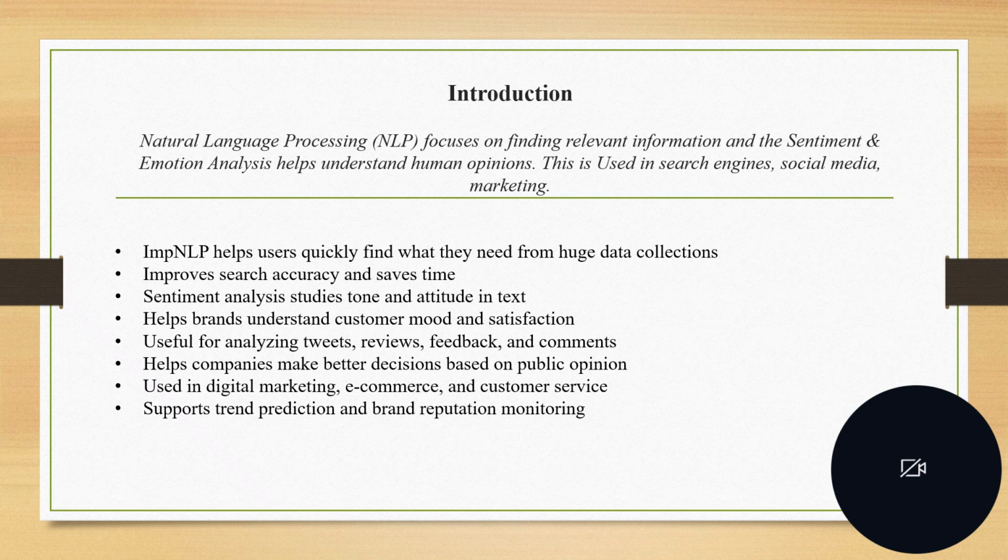So, today we live in a world where every second millions of messages, reviews, tweets, comments, and opinions are being posted online. Reading and analyzing all of that manually is impossible. Companies need a fast and intelligent way to understand how people feel, whether they are happy, upset, satisfied, stressed, confused, or excited.